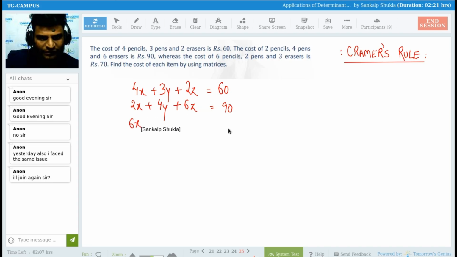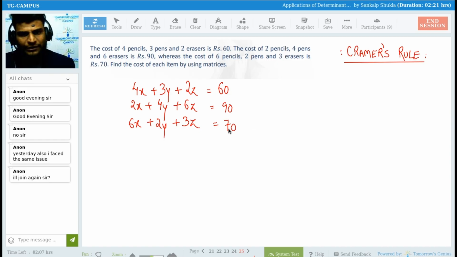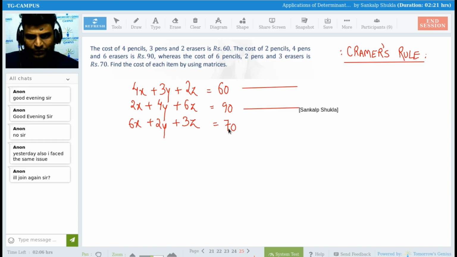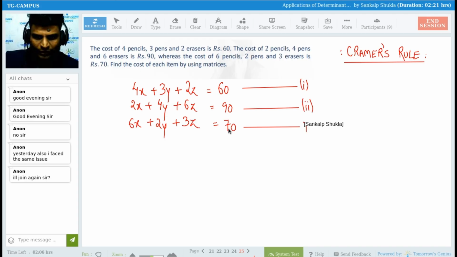And 6 pencil, 6x plus 2y plus 3z is 70. So these are going to be the three equations for us: equation 1, equation 2 and equation 3. Now we have to solve for the values of x, y and z.